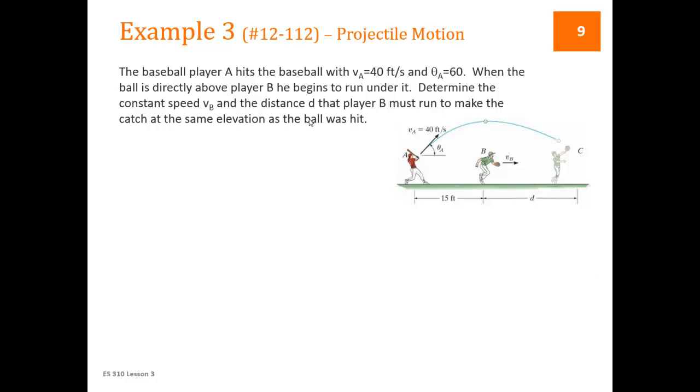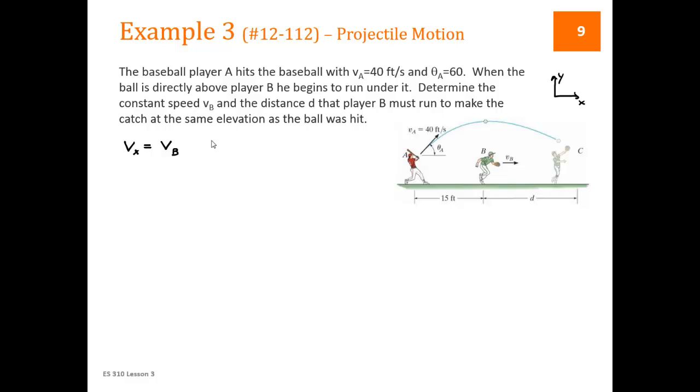Alright? So if the player is going to start running right as the ball is over his head, he is going to be running in the, just to remind ourselves of x and y, the x direction at the same speed as the ball is moving in the x direction. So if we can figure out the velocity of the ball in the x direction, we have solved the first part of the problem.